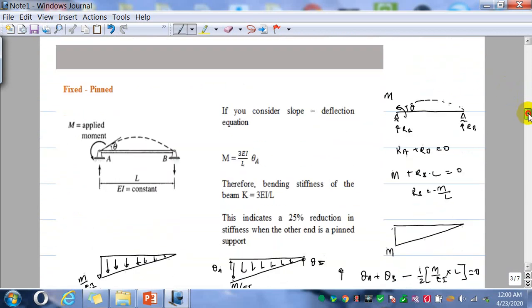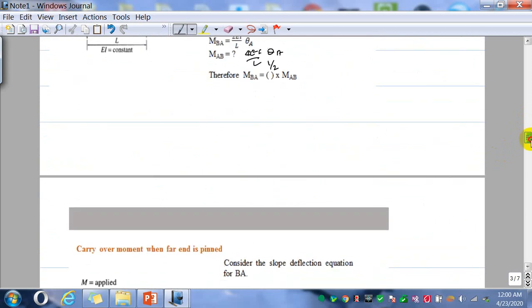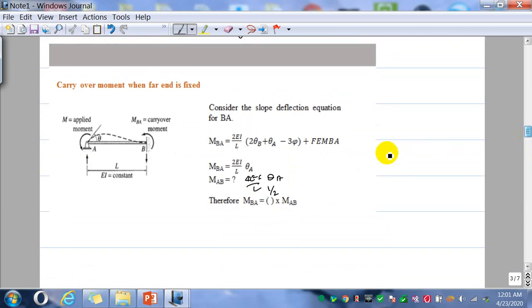But when the far end is pinned, you don't have a carryover moment, because the pin will allow the point B to rotate. So there is no carryover moment at B because it's a pin. If you consider BA, MBA is 0, therefore the carryover moment is 0 when the far end is pinned, and is M by 2 when it is fixed.